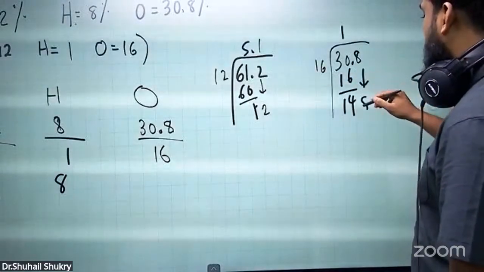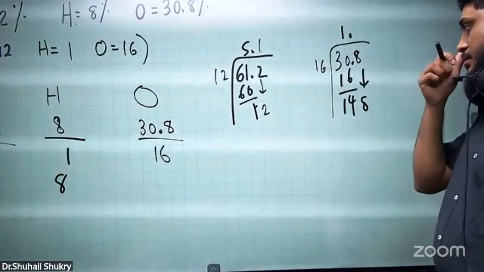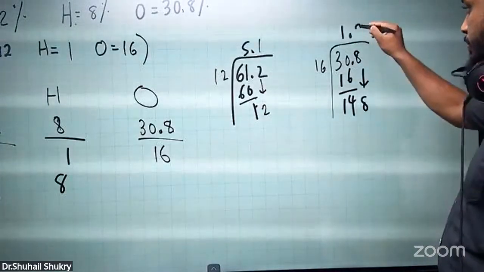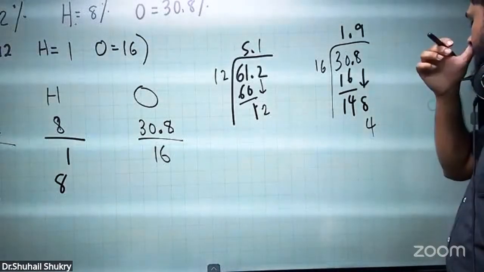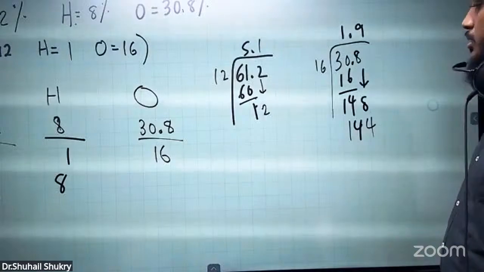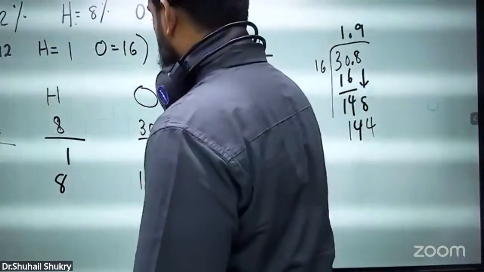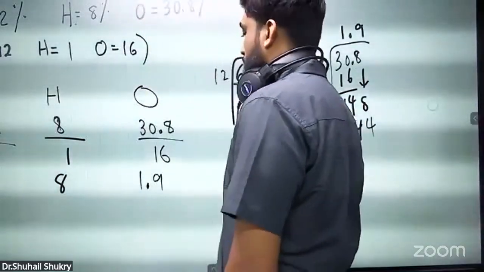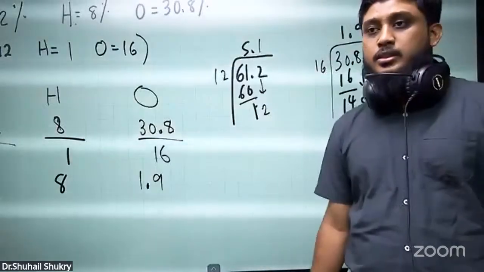Bring the 8 down, 148, and put a point. Nearly 9, 9 times 16 is 144. I just guessed that. Then we get 1.9.